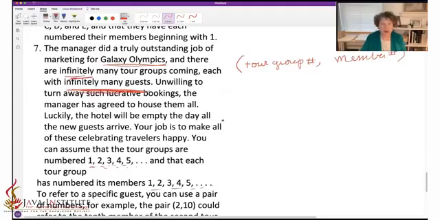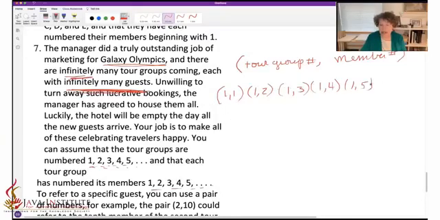And now, how are we going to fill up the hotel? Well, the first step in assigning rooms is to make sure we have everyone accounted for. So I'm going to do tour group 1 and list all their members. Okay.